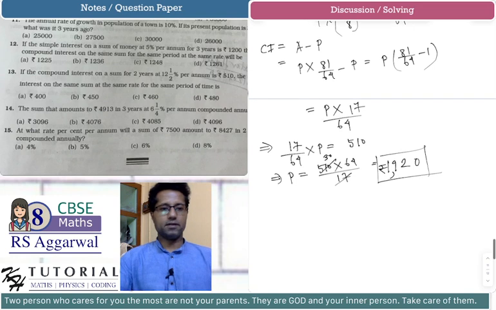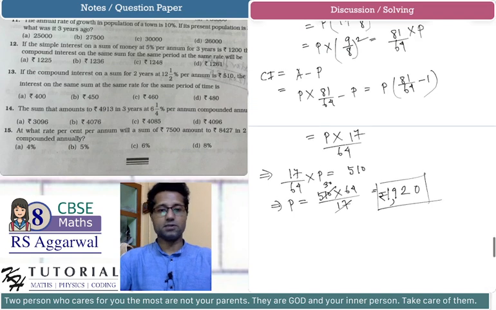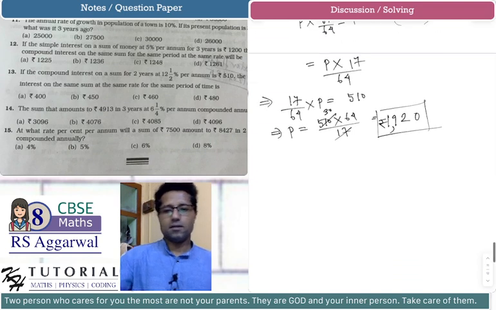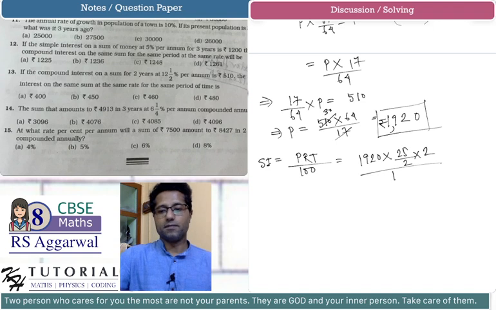Now we have to find the simple interest on this principal 1920 at the same rate, that is 25 by 2%, and the same period, that is 2 years. So SI is equal to PRT by 100. This is equal to, P is 1920 that we have calculated just now, R is 25 by 2 and T is 2, divided by 100.